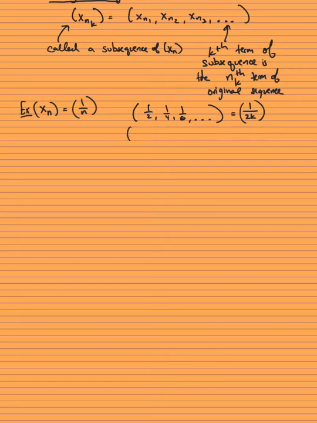Or I could get 1, a half, a third, a fifth, a seventh, 1 over p for p prime. There's complete flexibility in what a subsequence can be. In particular, I don't need to know a formula for the x sub n sub k. Sometimes you get it for free, like this is really just x sub 2k, but you can imagine taking a totally random subsequence, and that's perfectly good.